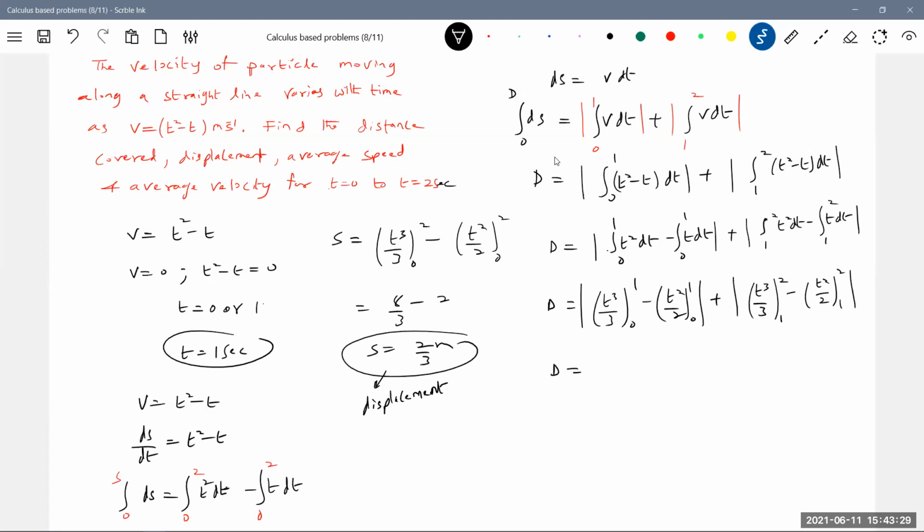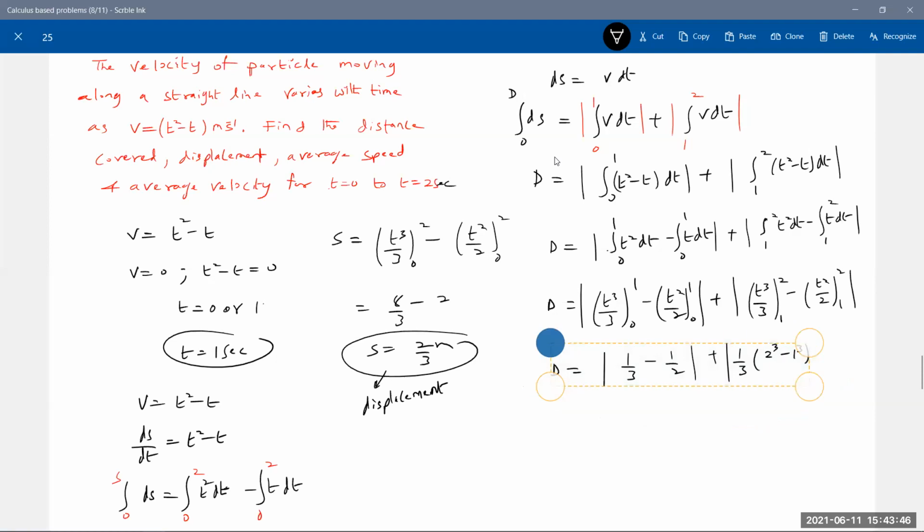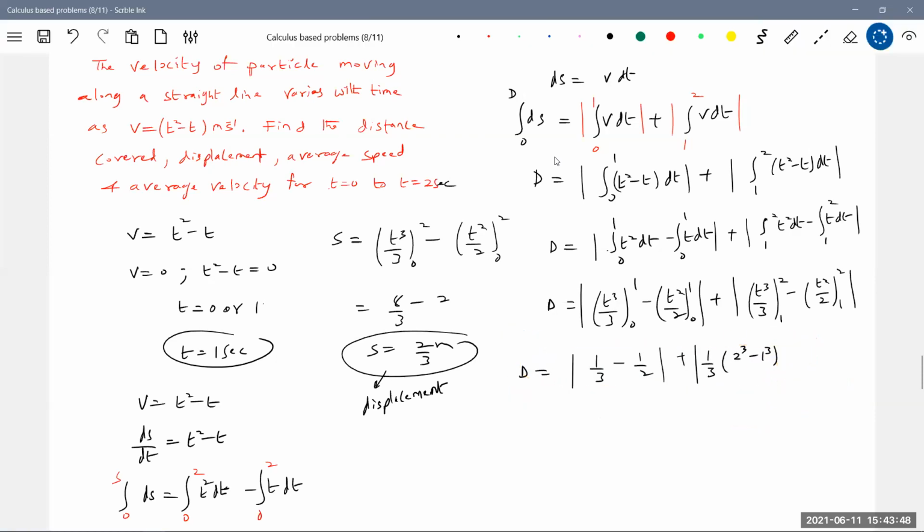So this will become mod of 1 by 3 minus 1 by 2, plus 1 by 3 outside, 2 cube minus 1 cube, minus 1 by 2, 2 square minus 1 square, altogether in a mod.